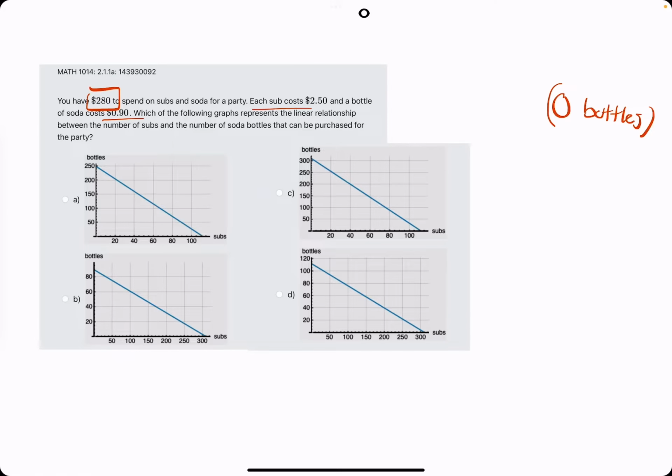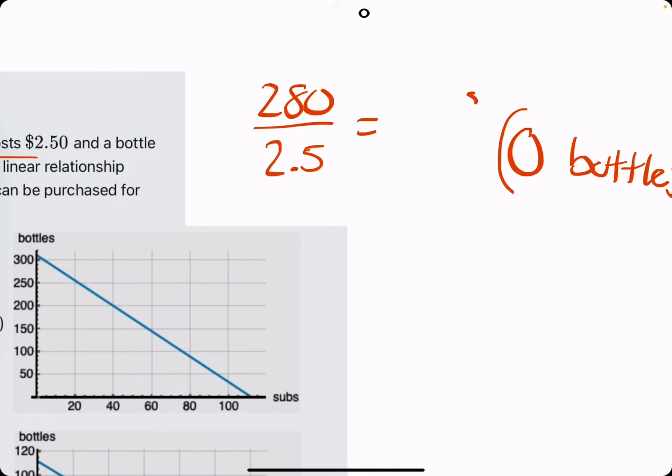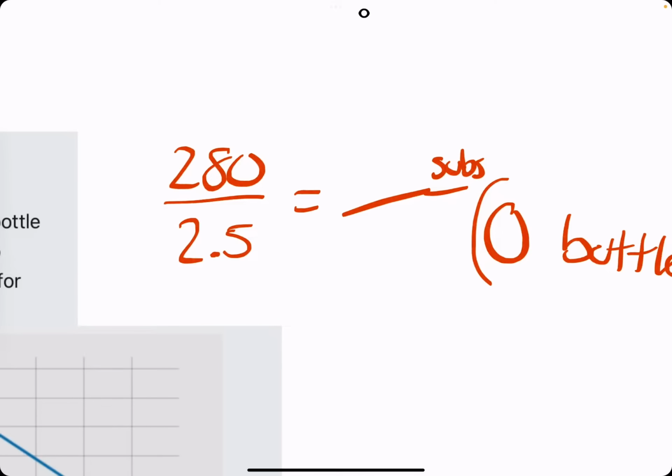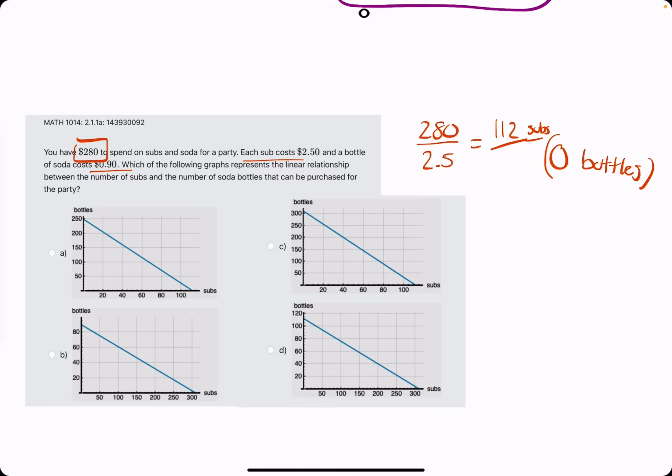Well, if we have $280 and each sub costs $2.50, 280 divided by 2.50 will tell us the number of subs we will get. Okay, so let's calculate that. 280 divided by 2.5. It's 112. All right. So if we are buying 0 bottles of soda, we can buy 112 subs.